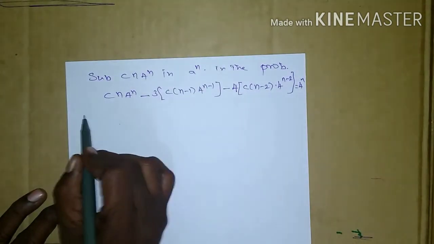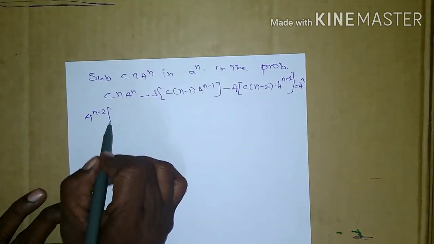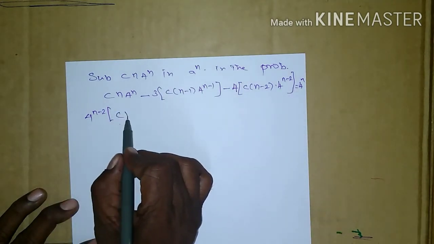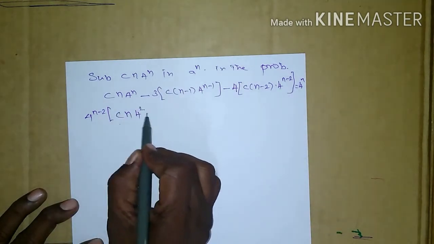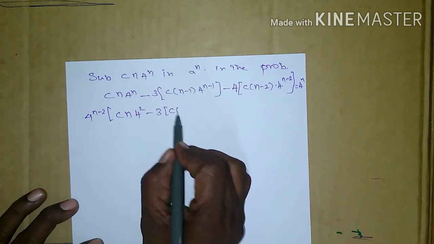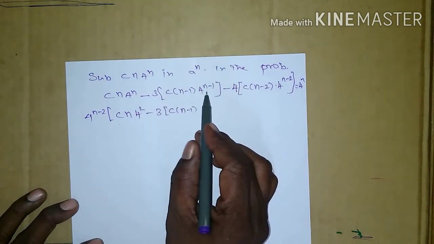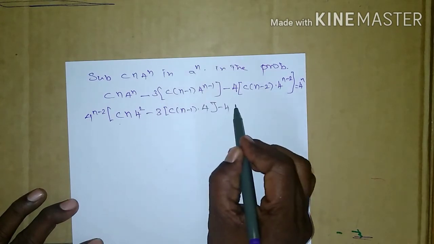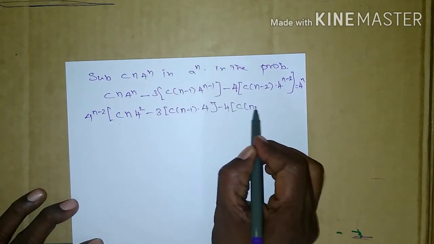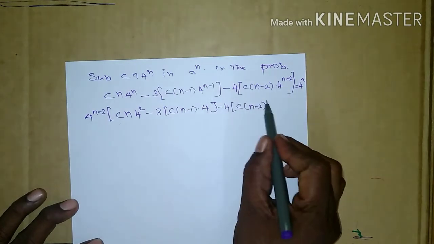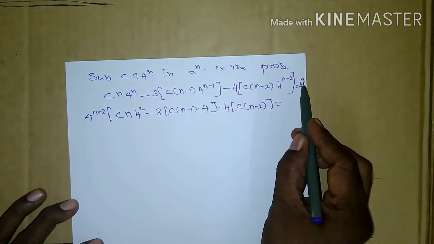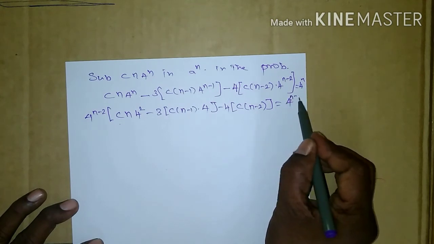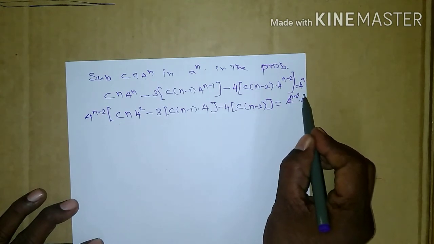Now take 4 power n minus 2 outside. Here this is the minimum, therefore take 4 power n minus 2 outside. Cn into remaining 4 square, minus 3 into C n minus 1 into 4, minus 4 into C n minus 2. On the right hand side, 4 power n is 4 power n minus 2 into 4 square.